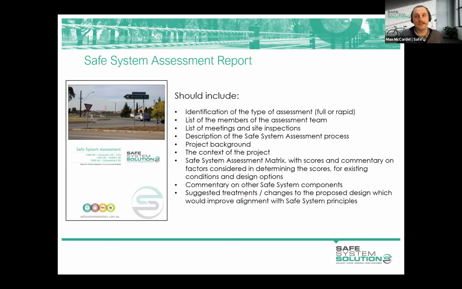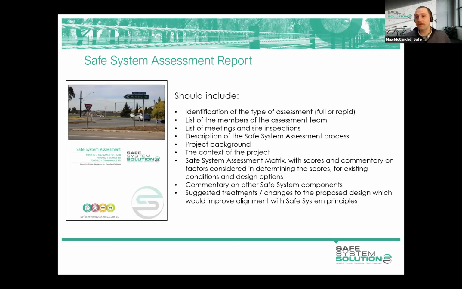So, for instance, pedestrian volumes, we rarely have that data. What you could reflect on is, if there's actually footpaths within the area, what's the adjacent land use? If there's nothing there, it's a rural intersection, you would expect the pedestrian volumes between that 1 to 10 mark.